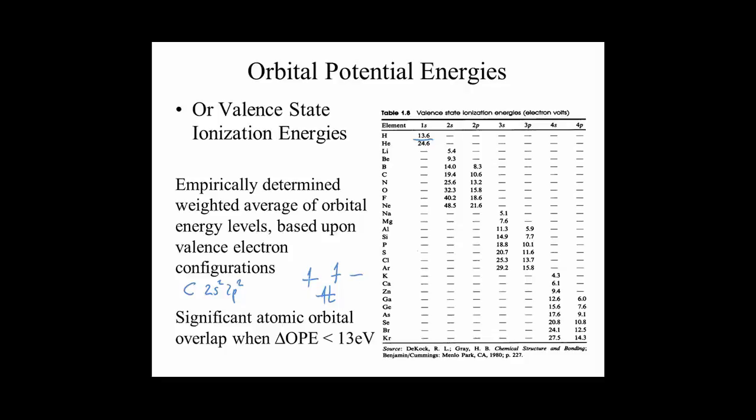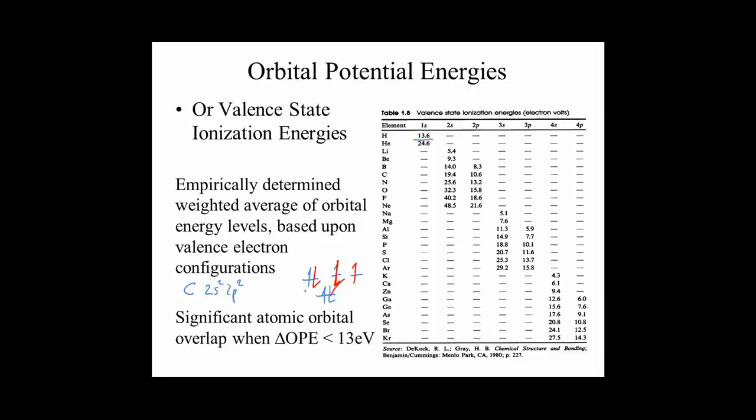So this is the ground state, but it's very easy for this electron to get excited up to here. So we have a slightly different energy with this electron configuration. We could also have spin pairing in the same orbital, or you could have spin pairing in separate orbitals. So you see that the valence electron configuration of carbon is not just the absolute ground state.